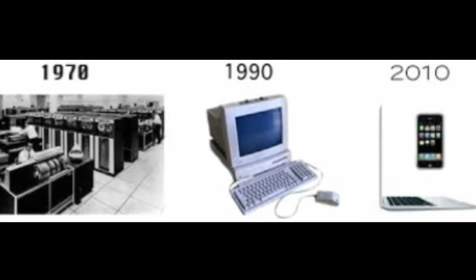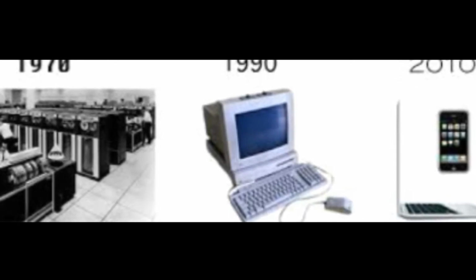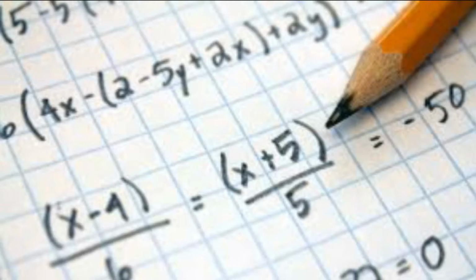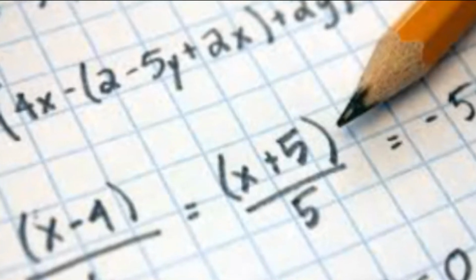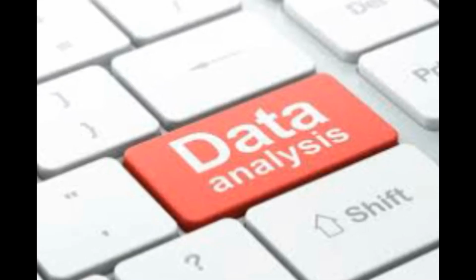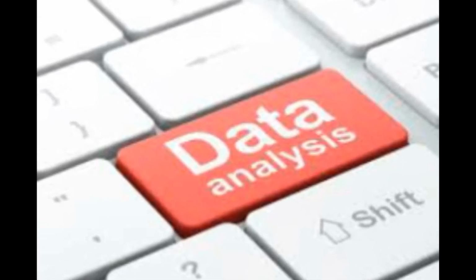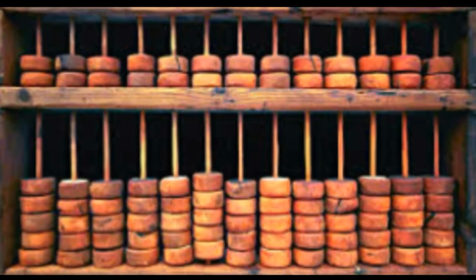So guys, at first I'm going to tell you how the thought of the computer developed. For many years, scientists, mathematicians and some businessmen had searched for computing devices that could perform calculation and analyze data quickly and efficiently. Thus, the abacus was invented.